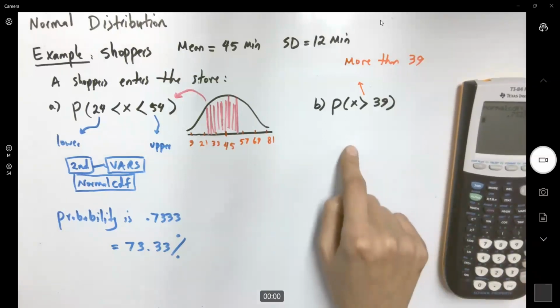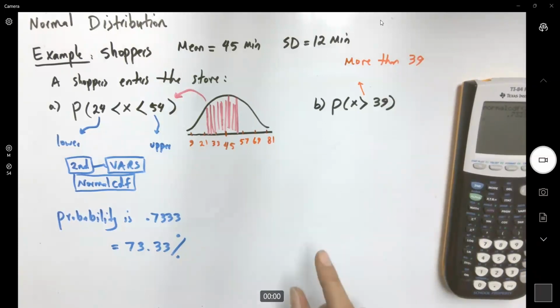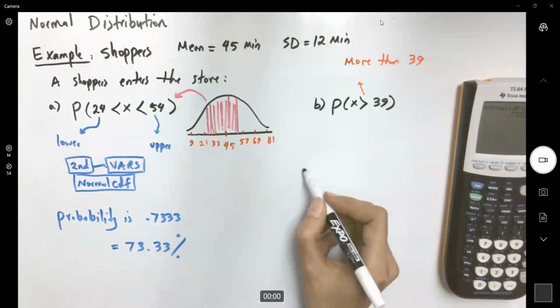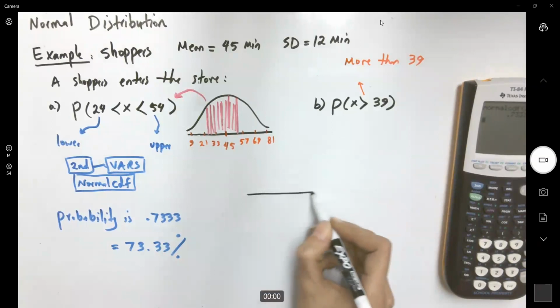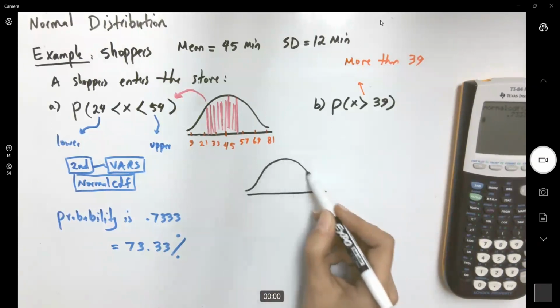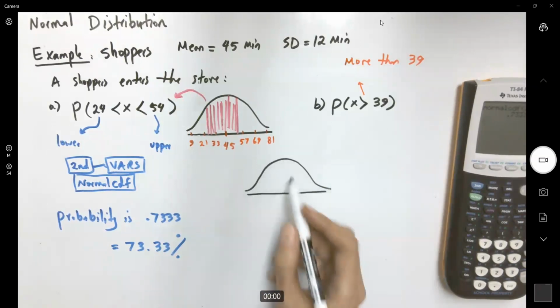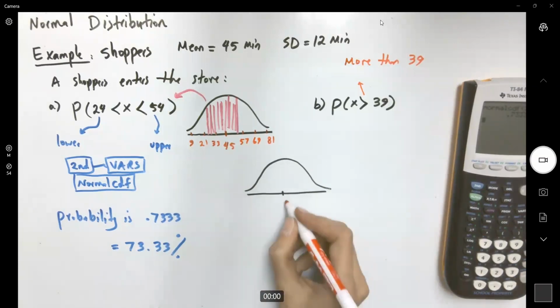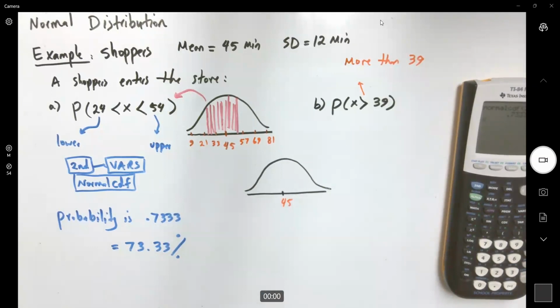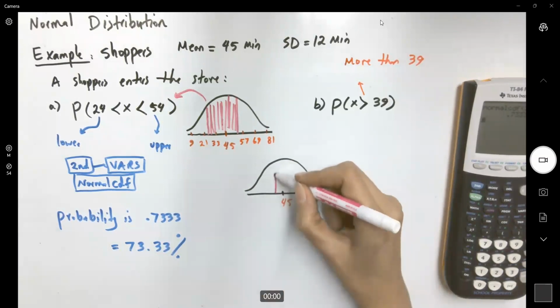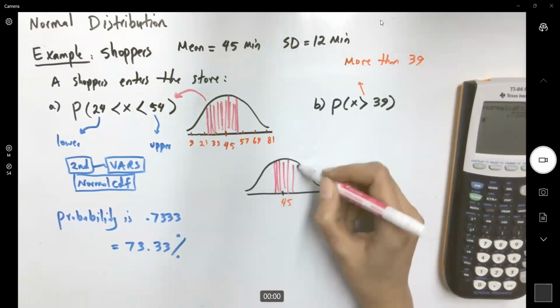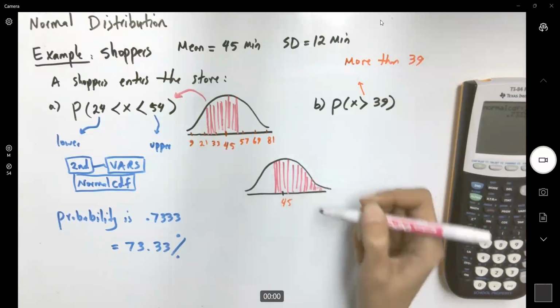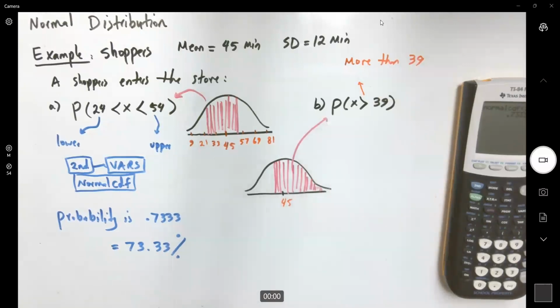So what do we have here? What is our graph? Our graph is, well, here we have the following case. It says it is larger than 39. What is the mean? Mean is 45 minutes. 39 is on the left-hand side. 39 minutes. We're looking for this probability. What is this probability?